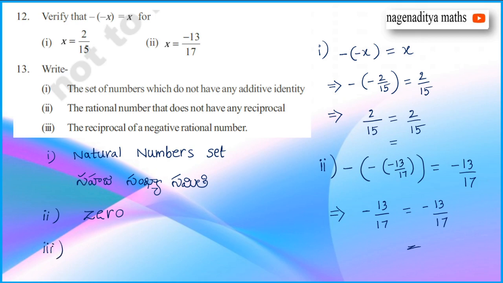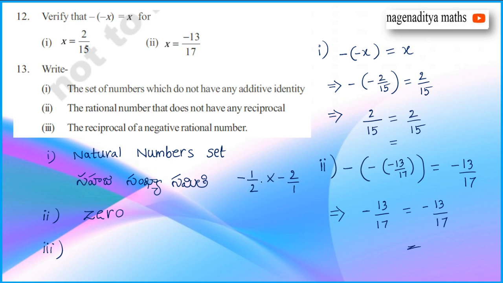Next, the reciprocal of a negative rational number. If you take a negative rational number, the reciprocal is also a negative rational number. For example, if you take -1/2, its reciprocal is -2/1. So in the reciprocal the sign does not change.